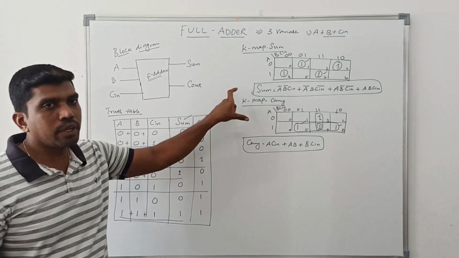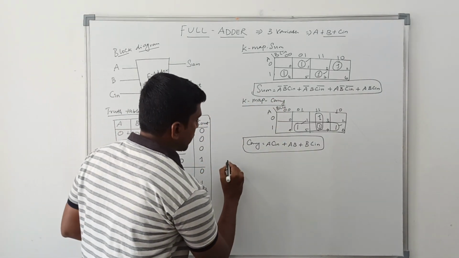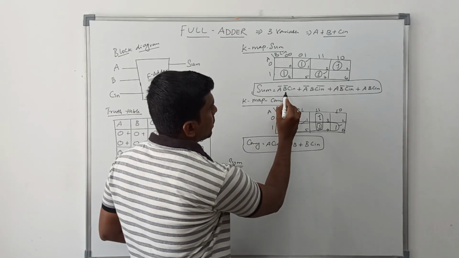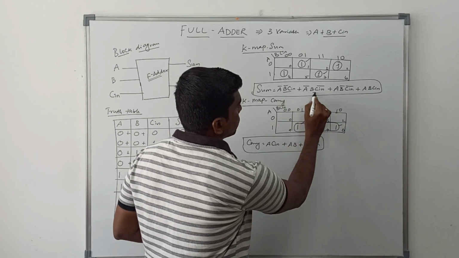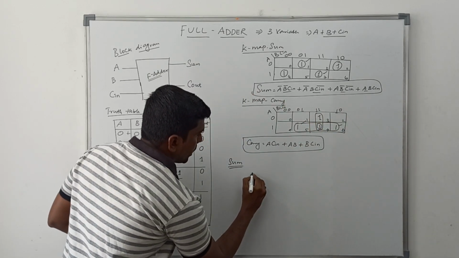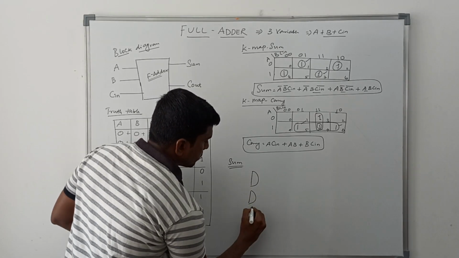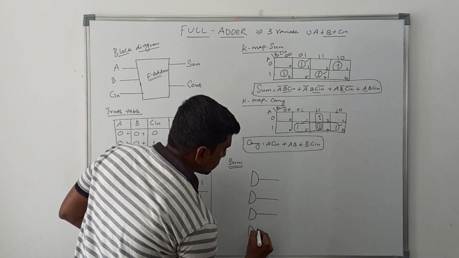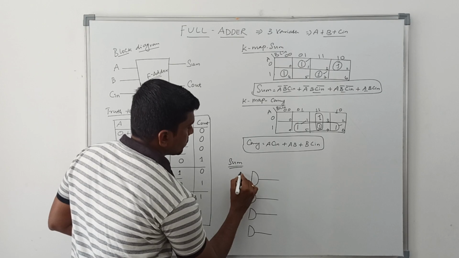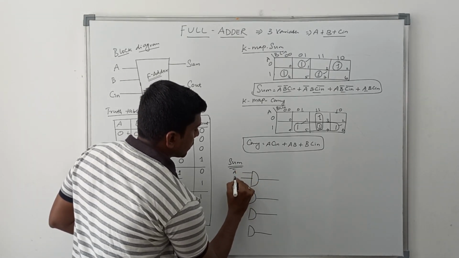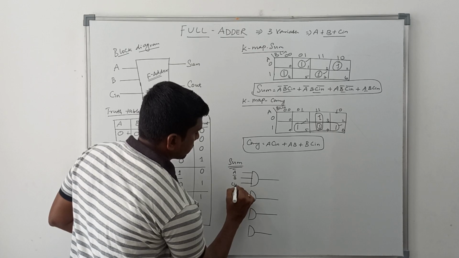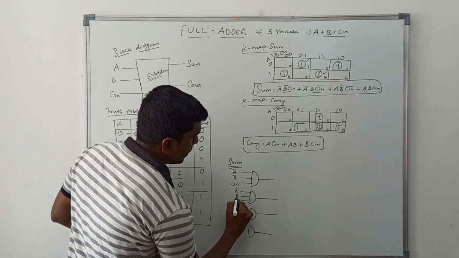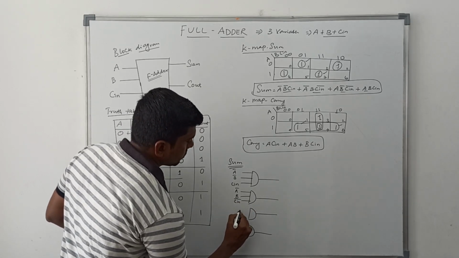After finding the Boolean expressions, now I am going to draw the logical diagram for sum and carry. Logical diagram for sum. Here we have 4 product terms, so I need 4 AND gates. Input of the first AND gate is A bar, B bar, C in. Second AND gate input A bar, B, C in bar.